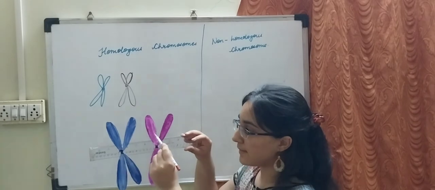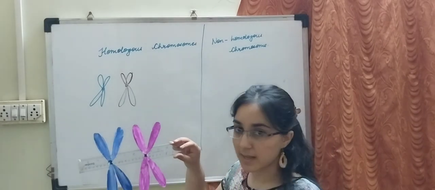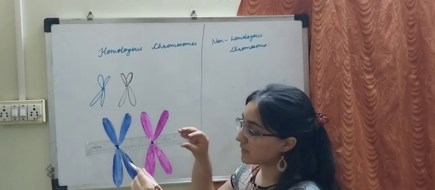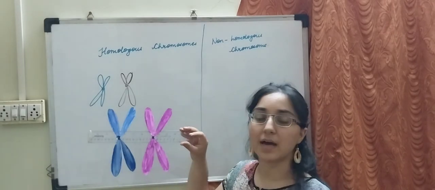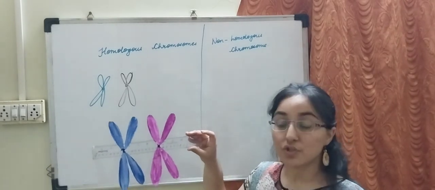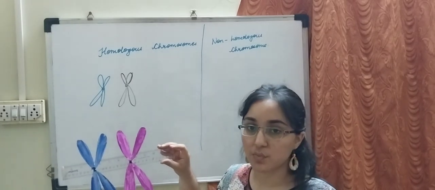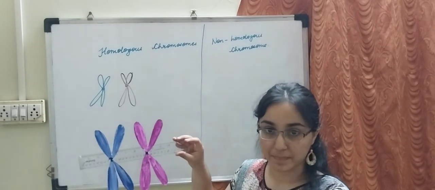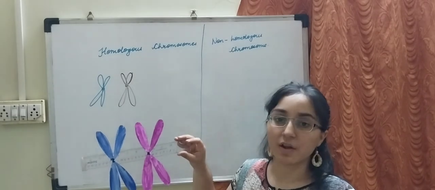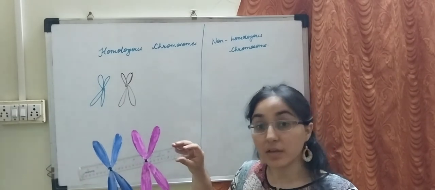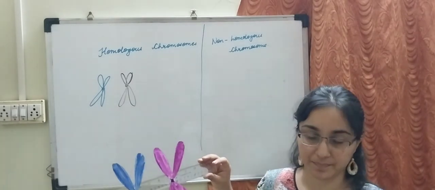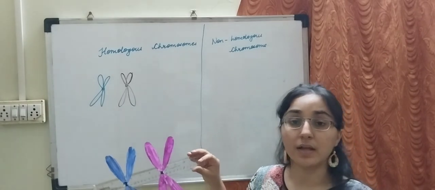This P arm and this P arm are the same in length and size. This Q arm and this Q arm are the same in length and size. So they are structurally the same. Morphology means outer appearance is the same. Structurally, morphologically they are the same, and even genetically they are the same, meaning the genes and all are the same.